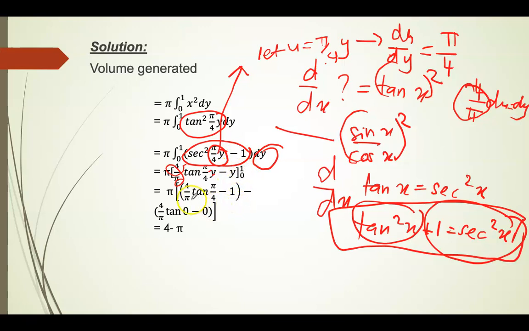Okay, so putting 1 into the equation, tangent pi over 4 results to 1, minus 1. So 4 over pi times 1 minus 1, minus this whole thing becomes 0. So 4 over pi minus 1 multiplied by pi, the pi cancels out. So that results in 4 minus pi, your final answer.